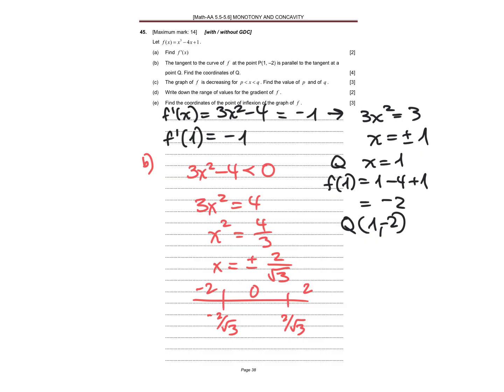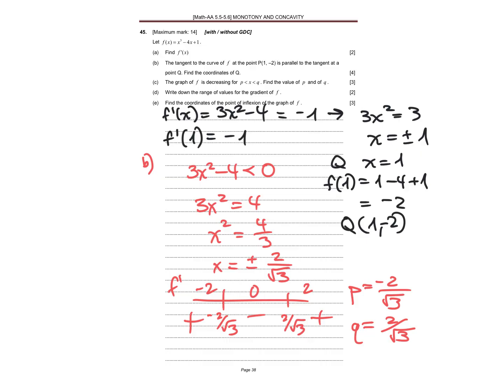Okay, so now we sub that into the first derivative. So that's 3/12. So this is a positive. 0 is going to be a negative, and 2 will be positive. So it's decreasing from, so P is going to be negative 2 over root 3, or whatever form they want that in, and Q is 2 over root 3.